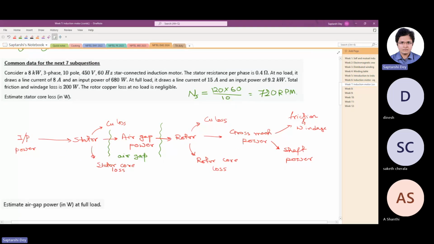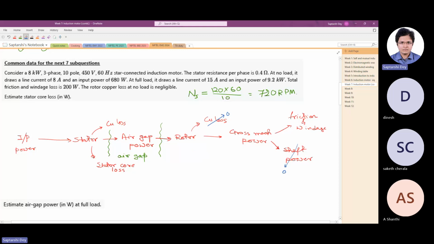Now it is saying that at no load, rotor copper loss we can neglect, so we will simply put 0. Shaft power is also 0 at no load. There is no mention or hint about rotor core loss, so we can neglect it here.